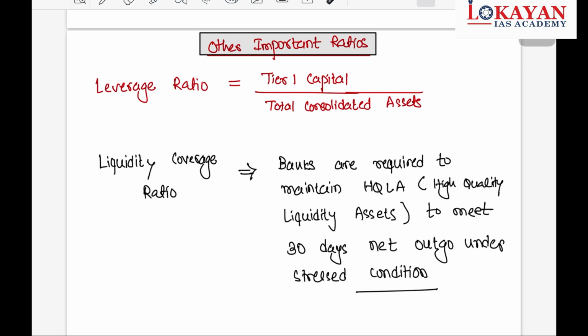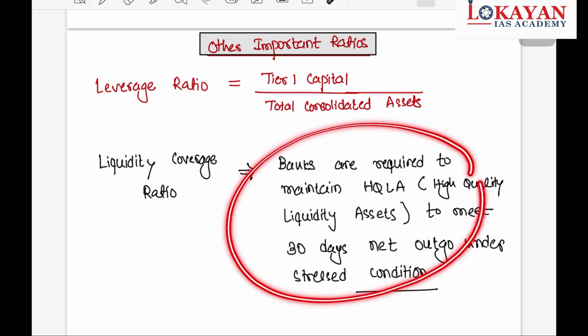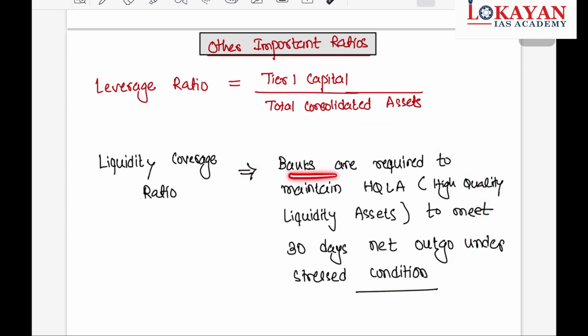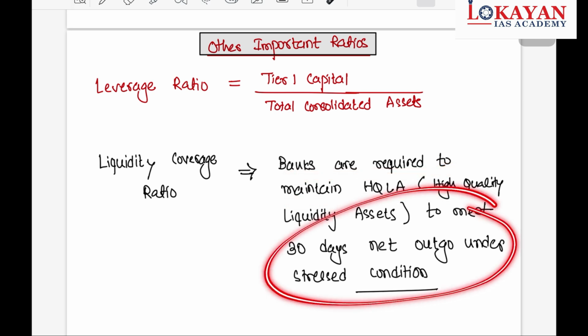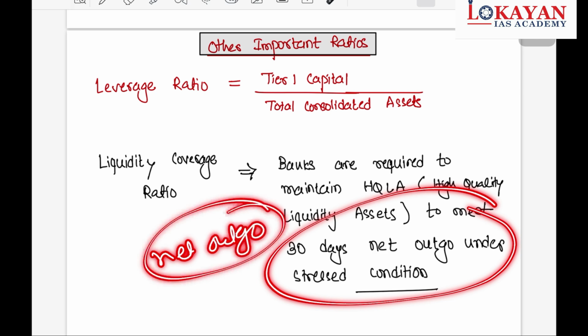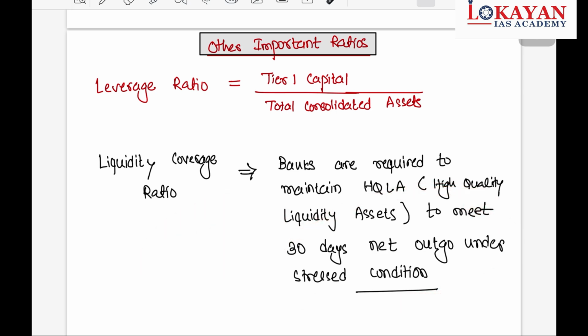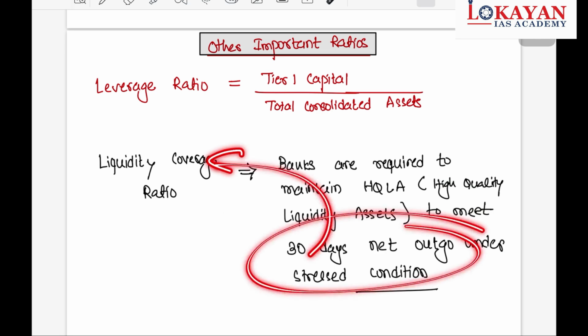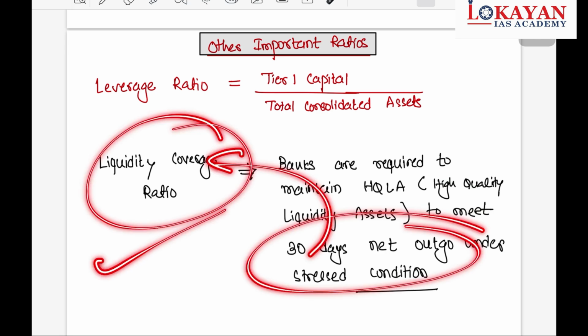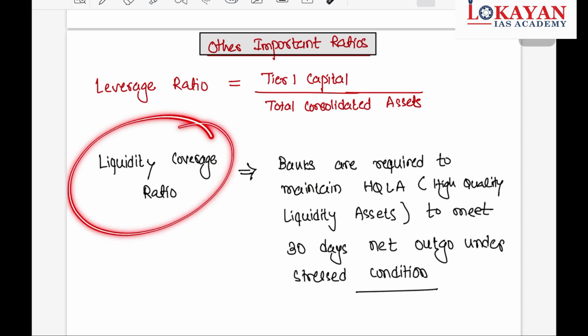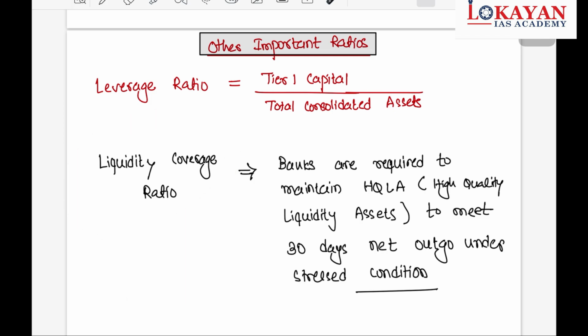It means banks are required to maintain high quality assets to cover 30 days of net outgo. In what proportion should banks maintain these assets? This is the liquidity coverage ratio. Simply remember, the liquidity coverage ratio is regarding high quality liquid assets for 30 days.